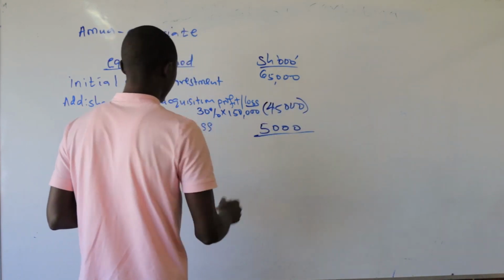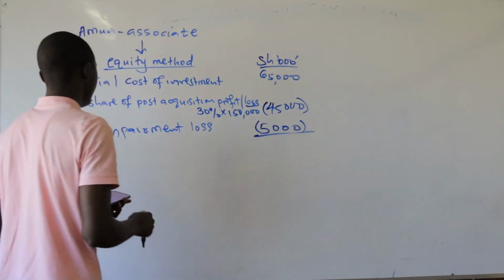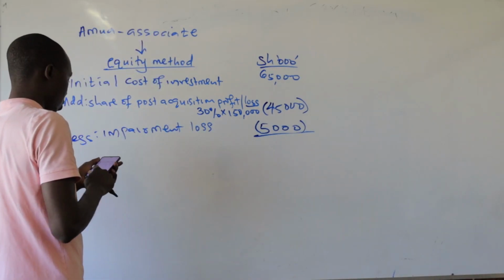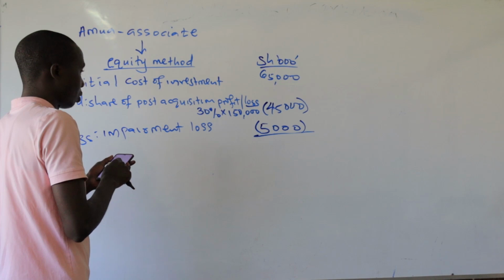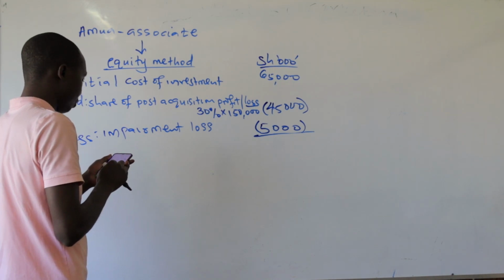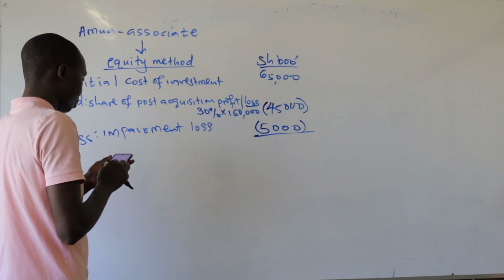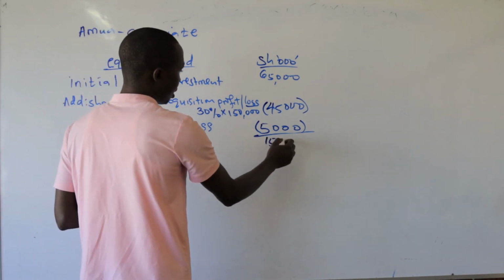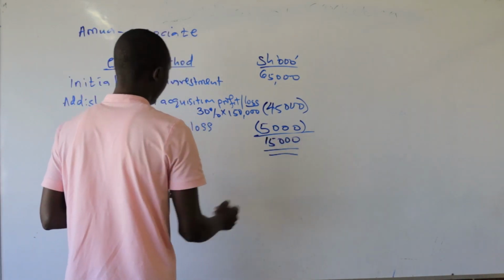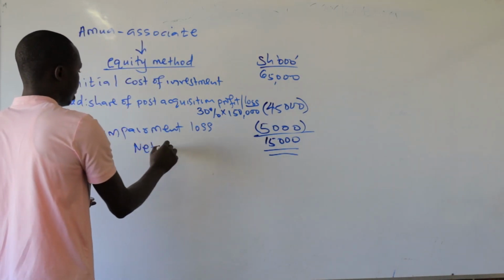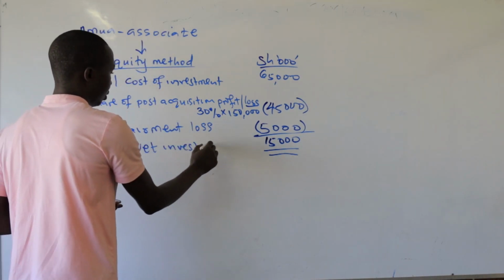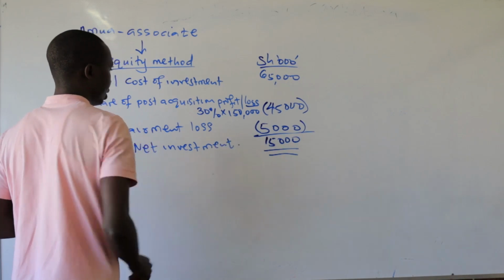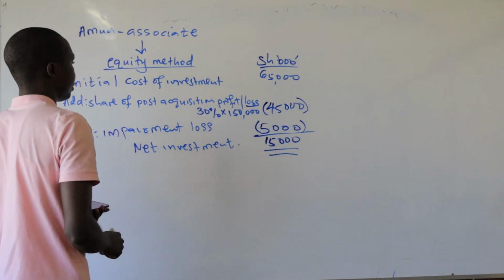Then I will be able to raise the impairment loss. So if I take 65 minus 45 minus 5, that is 15,000. So that one, you get your net investment. You have your 3 marks.